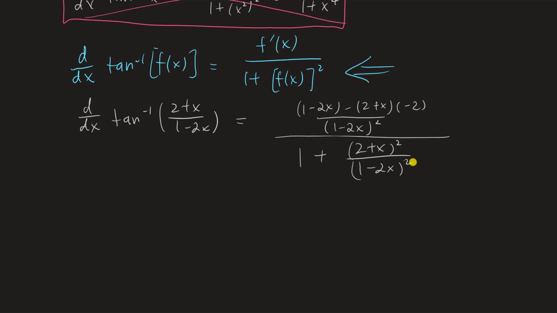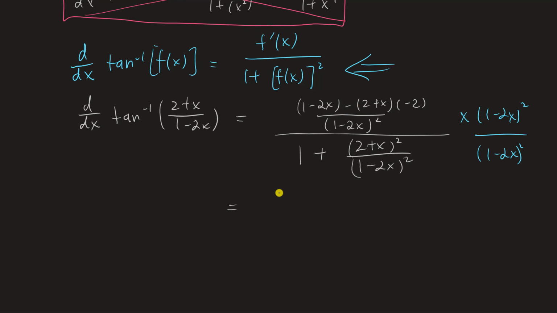So here you start to see something in common, right? That (1 - 2x) whole thing squared. So what I'm going to do now is multiply the top by (1 - 2x)² and the bottom by (1 - 2x)². This will give us, let's simplify the top first. This will give us (1 - 2x) plus (4 + 2x) over, because the denominator is gone, because this cancels off with this, right?